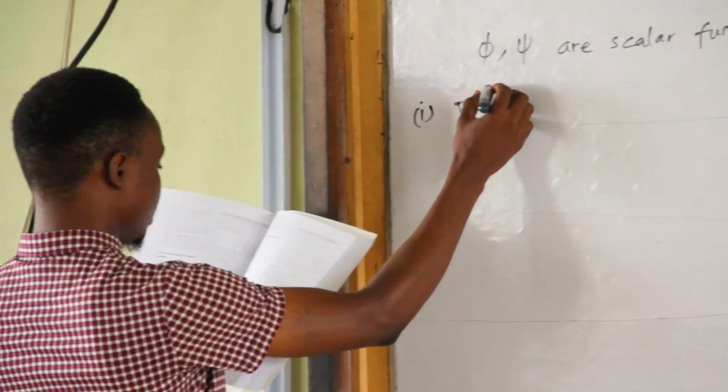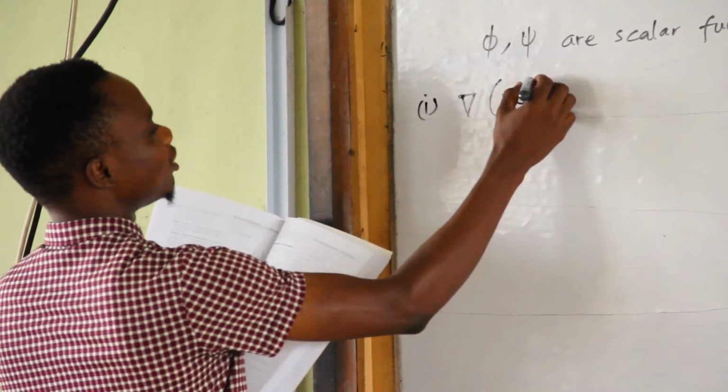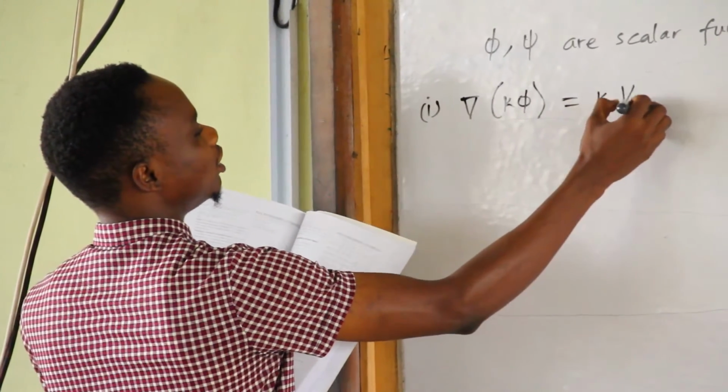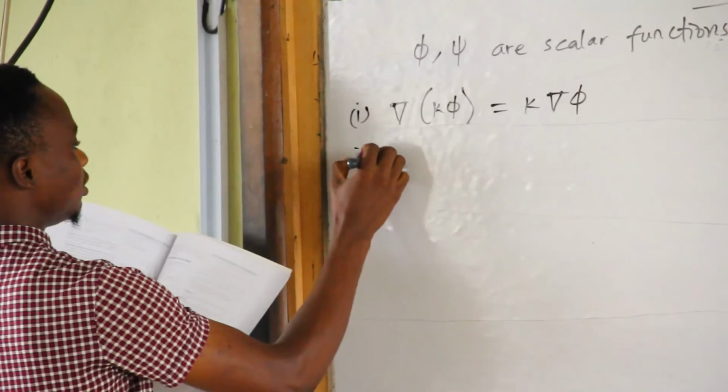The first relation is nabla of K phi equal to K nabla phi.